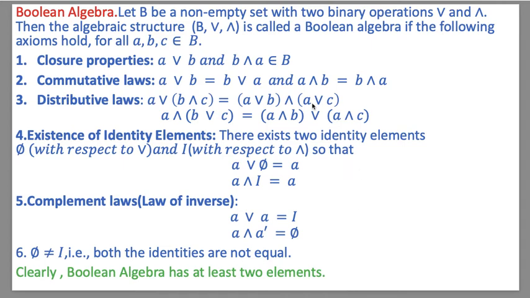Now we formally define the Boolean algebra. Let B be a non-empty set with two binary operations join and meet. Then the algebraic structure B with join and meet is called Boolean algebra if the following axioms hold.